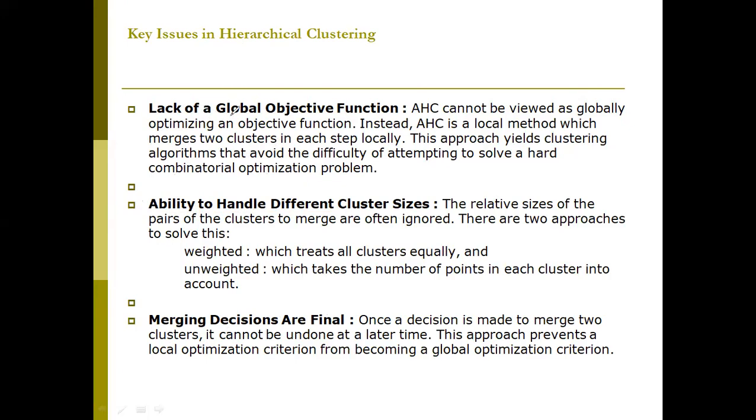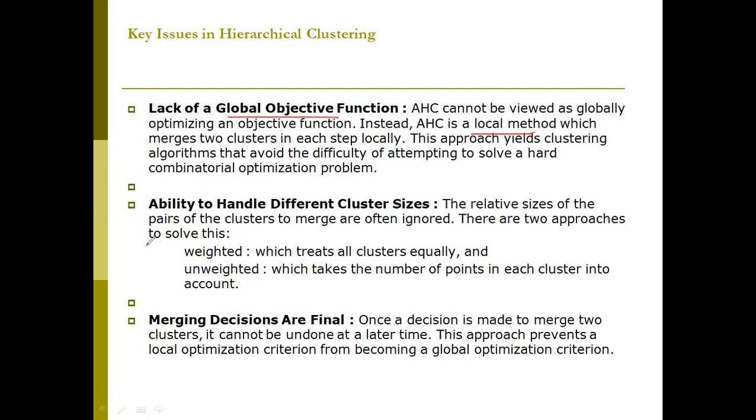Okay, lack of a global objective function. Agglomerative hierarchical clustering follows a local method, not a global method. Why? Because in each step, at a time, we can combine only two clusters, not multiple clusters.